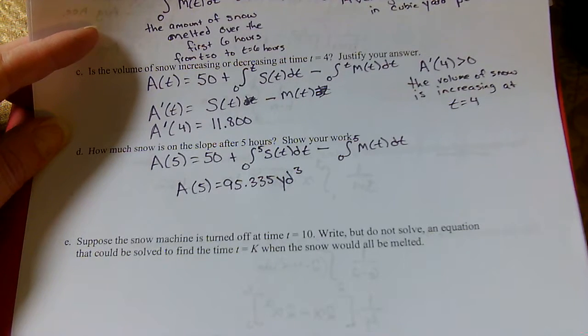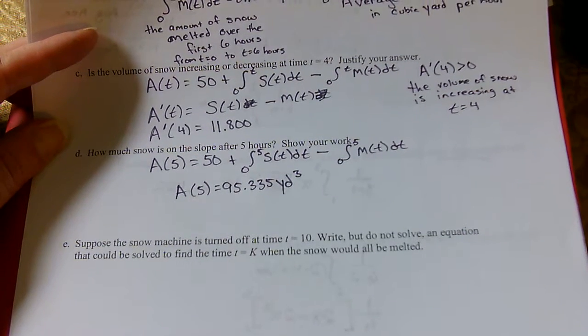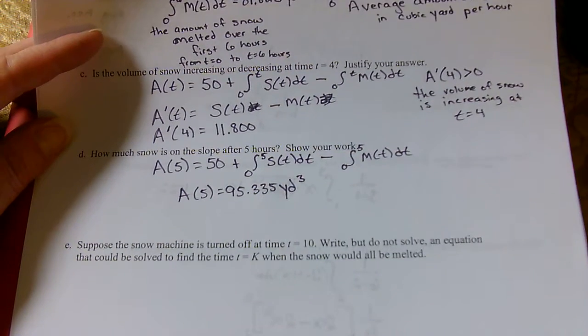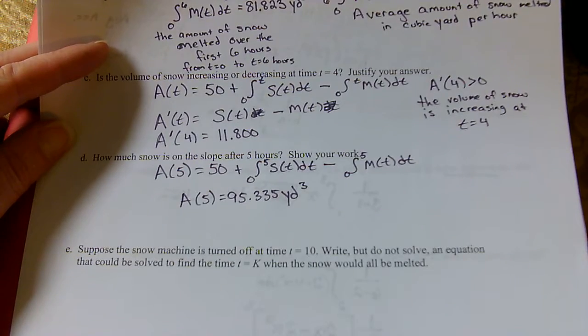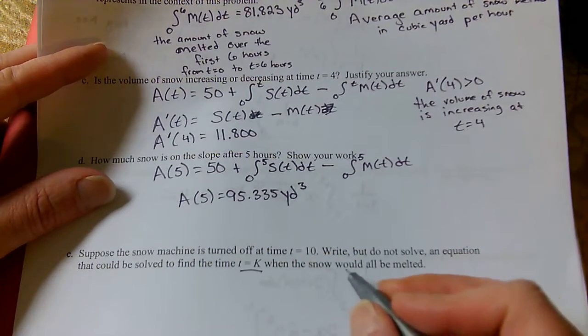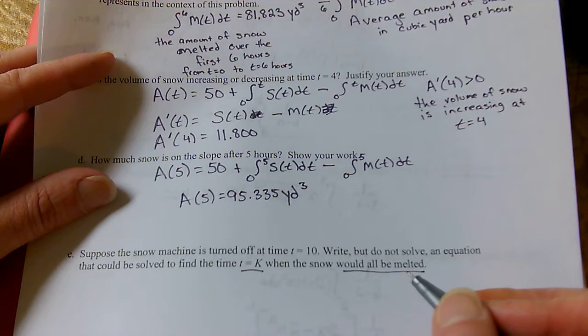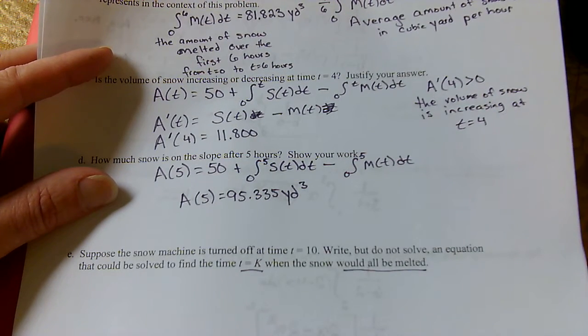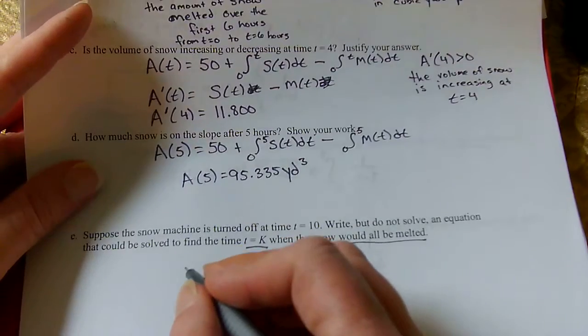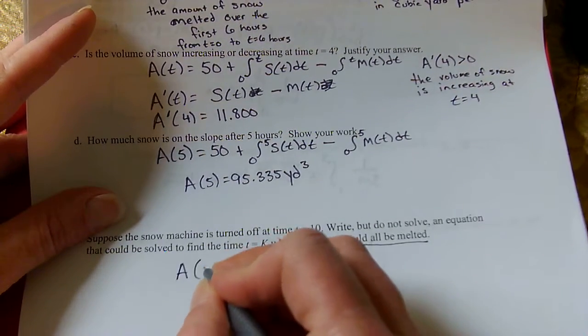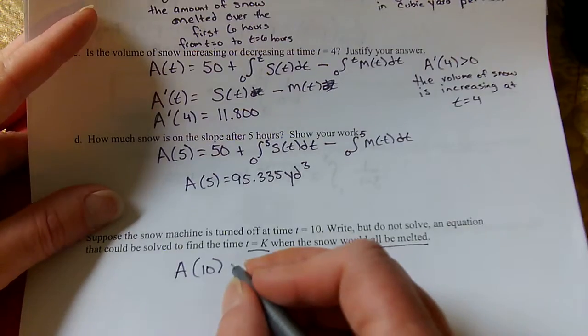Suppose the snow machine is turned off at time equals 10. Write, but do not solve, an equation that could be solved to find the time k when the snow would all be melted. So we need to figure out how much snow we have at time 10. Well, that would be easy.